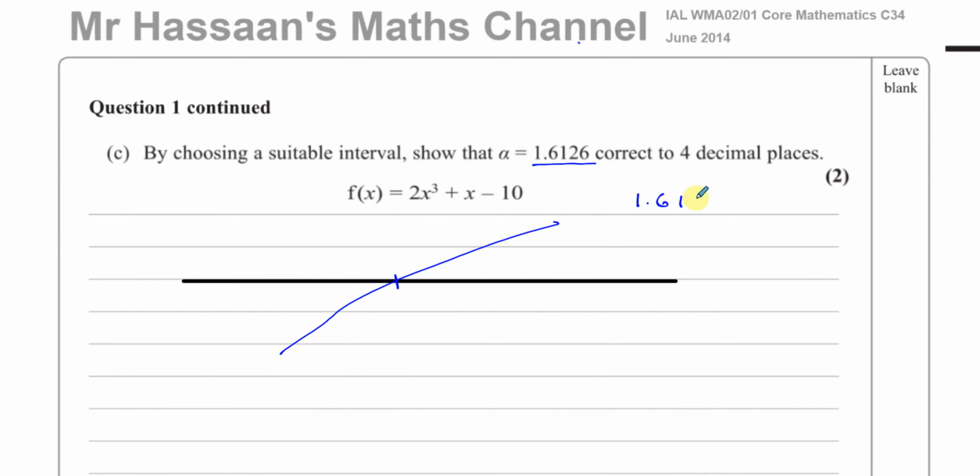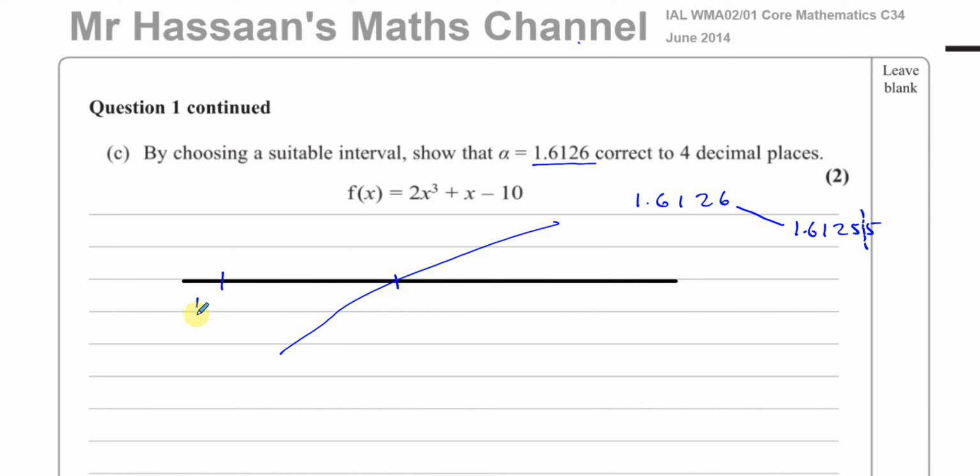You have 1.6126. Its lower bound is going to be 1.61255. If I round this to 4 decimal places, it's going to give me 1.6126.